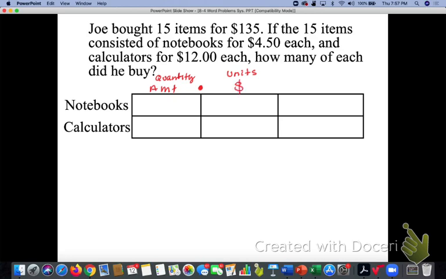So we're going to multiply the amount times the money is equal to a product. Okay? We're going to multiply going across. That dot means to multiply, right? And we're going to add going up and down. We're going to get a sum going up and down and a product going across.